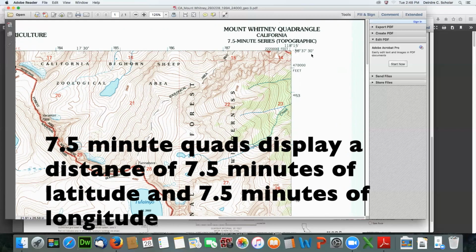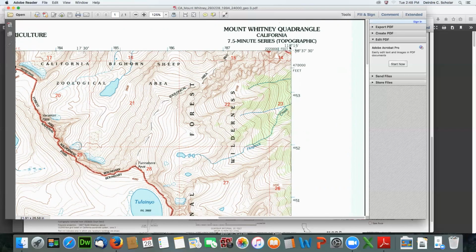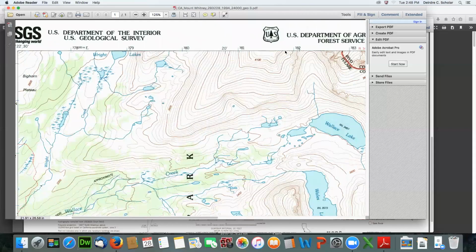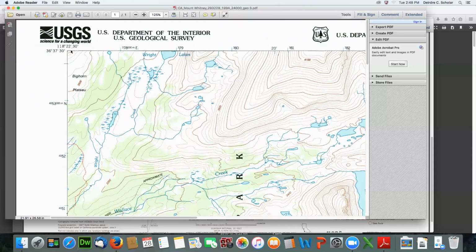Now notice that our longitude value here in the northeast corner of the Mount Whitney quadrangle is 118 degrees, 15 minutes. If we were to add 7.5 minutes to this value, which is the distance between the northeast and the northwest corner, notice that we're now at a value of 118 degrees, 22 minutes and 30 seconds of longitude.